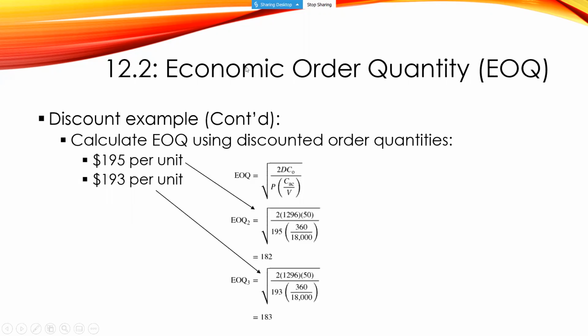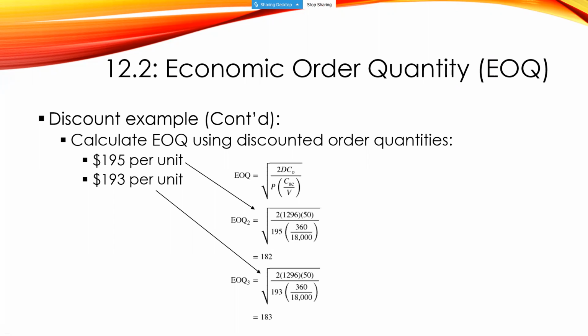So we'll run through that calculation a couple more times. Each one giving us an EOQ less than the ordering quantity that could get us that discount.